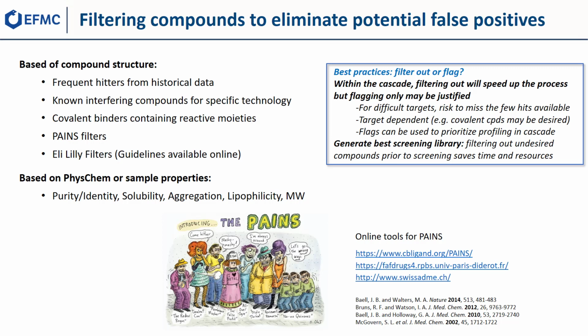So this is always a discussion and should be done case by case. Now, one thing that we should aspire to is, in the end, to generate the best screening library, where we filter out undesired compounds prior to screening so that we don't even have to care during the validation process. And this will save us time and resources.